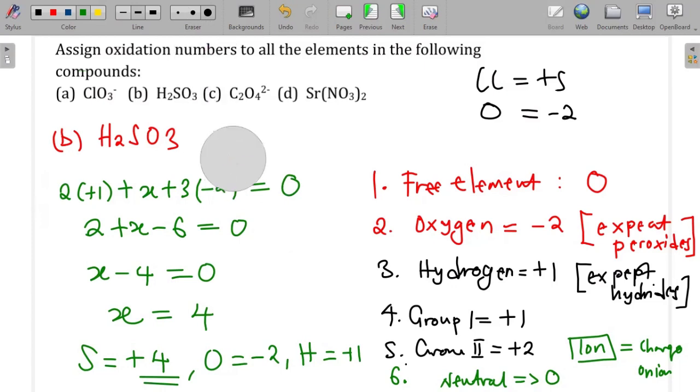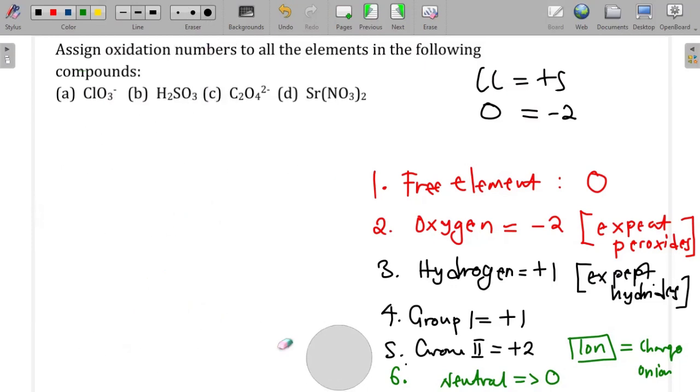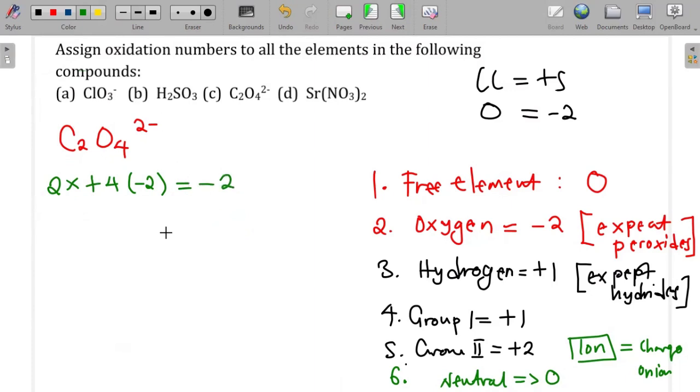Let's look at C. So C, we have C2O4 with a power of 2 minus. So here I'm just looking for the oxidation number of the carbon, because for the oxygen, this is not a peroxide. I already know it. So this would be 2, and then I say let X be the oxidation number for the carbon. And then +4, the oxidation number for the oxygen is -2, and this will be equal to the charge of this ion, which is just -2.